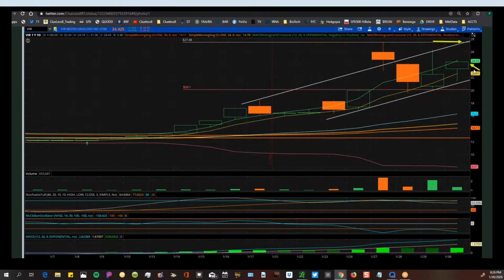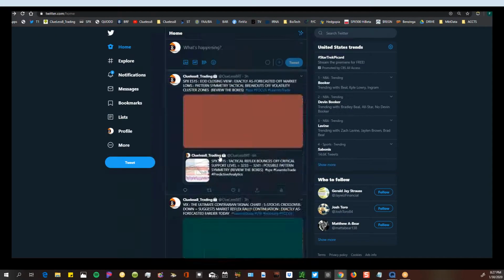This is the level we got in, around 24.20, $24.50. Just bought a bunch of shares, nothing crazy. And there are no options on this, so that's the only way I can participate in this move. I think that if things work out and these guys actually come up with a vaccine, the stock could go well above 28. So I put out a chart there for people to see the picture.